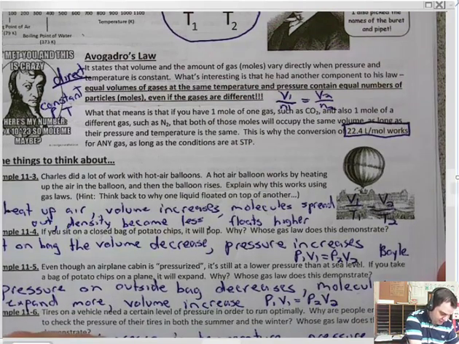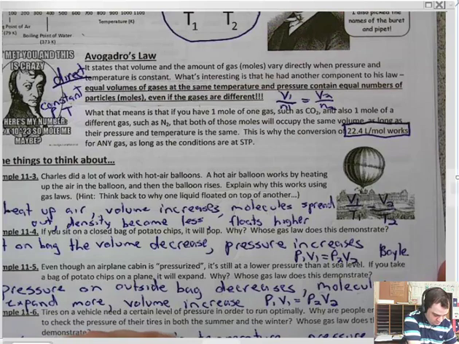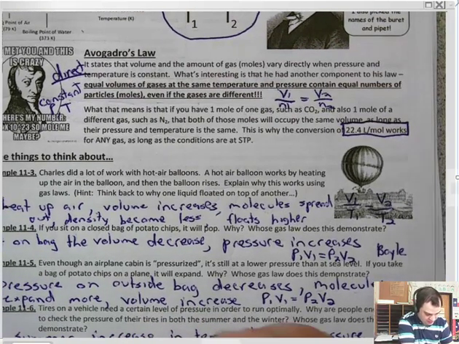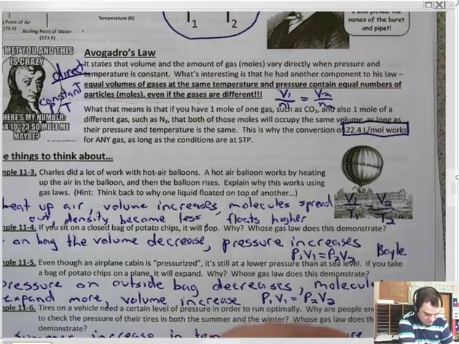And it's vice versa in the winter. Which means we're looking at P1 over T1 equals P2 over T2.